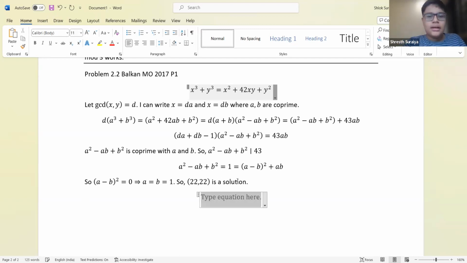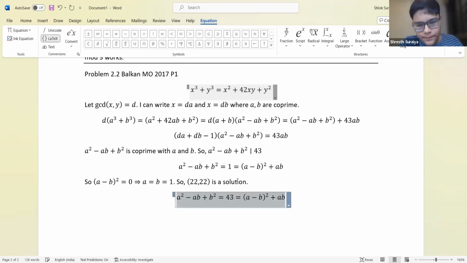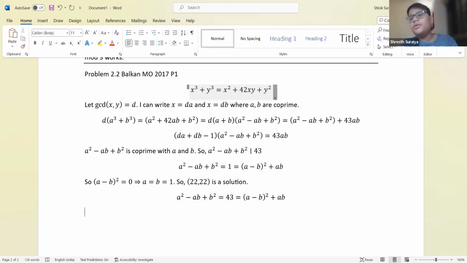And the next case is a squared minus ab plus b squared equals 43, which equals (a minus b) whole squared plus ab. So (a minus b) whole squared is less than or equal to 6 or so, and ab is also less than or equal to 43. That's a good constraint.